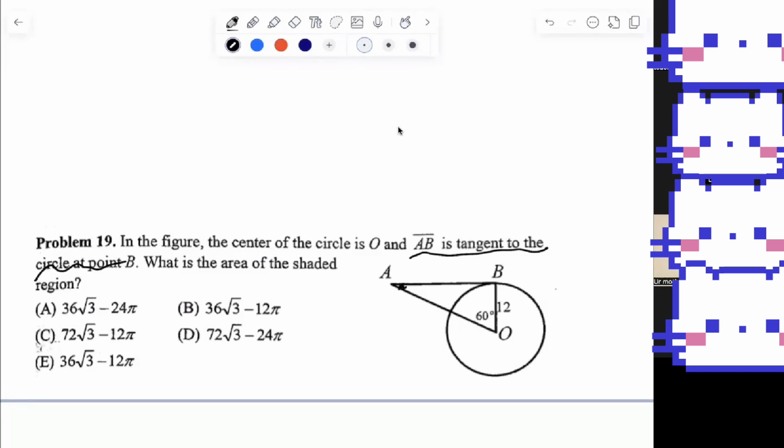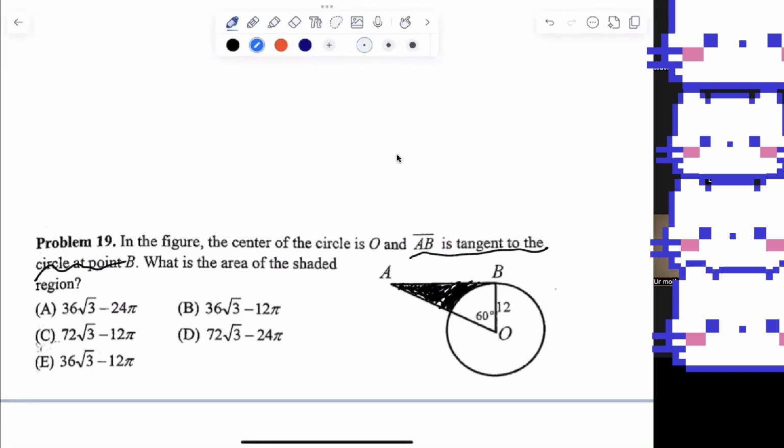Oh, here. That's the shaded region. I think I shaded it in black. Sorry if you guys couldn't find the shaded region.